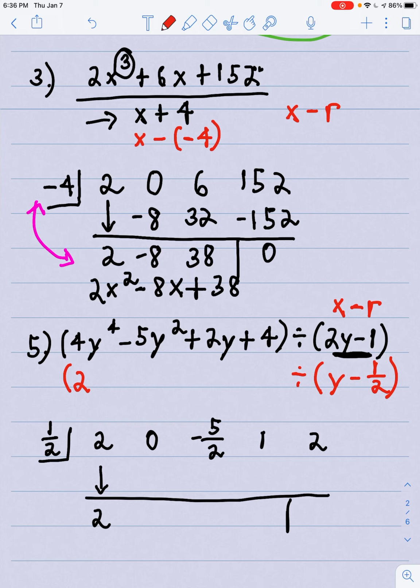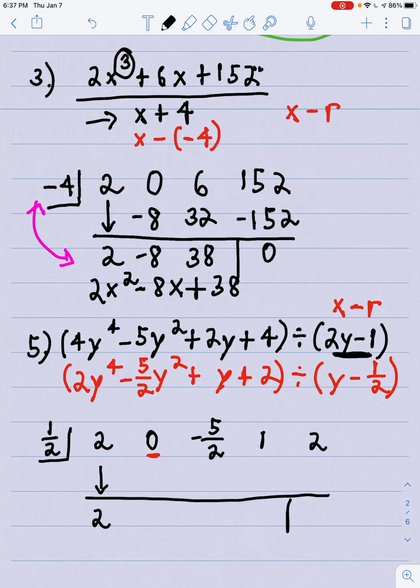And when we divide that by 2, that would mean our problem was 2y to the 4th minus 5 halves y squared plus y plus 2. And so setting up the problem, you can see why I have positive 1/2 for r. And then my coefficients, notice I have 2, but it's really easy to overlook putting a 0 for the degree 3 term. Then we have -5 halves, positive 1, and positive 2.